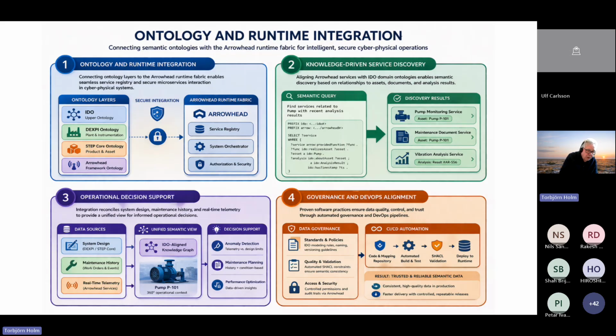At that time, we replace this pump with that pump, with the serial numbers and so on. Still, they are supporting the same tag. We can also do redesigns, but then you're into changing the DEXPI system also. I don't think that we have understood what this Arrowhead framework ontology will mean in the future to support real systems in real life.